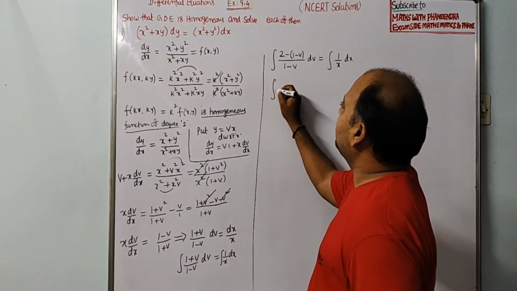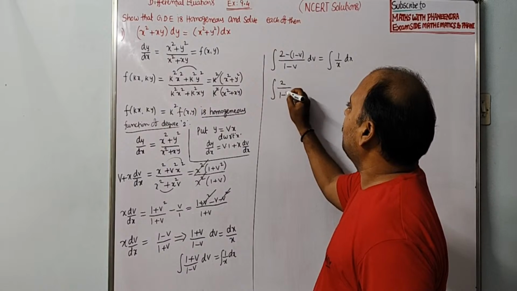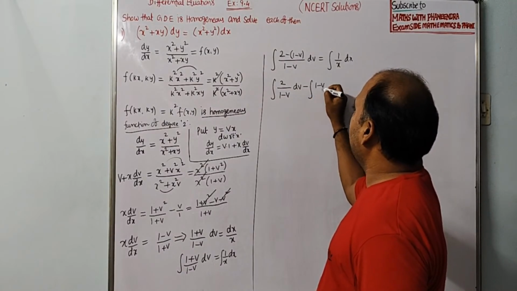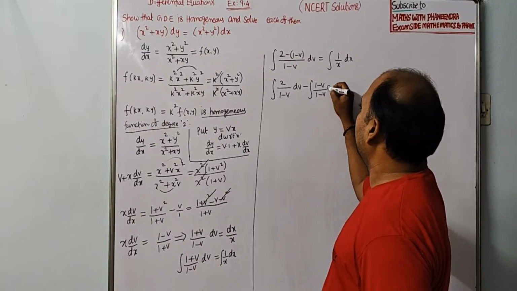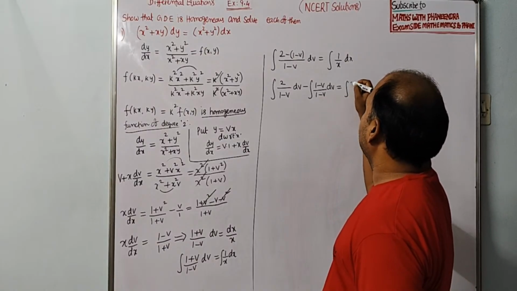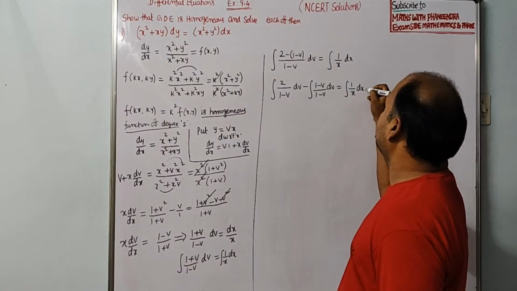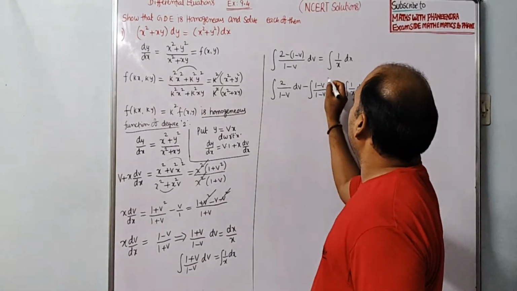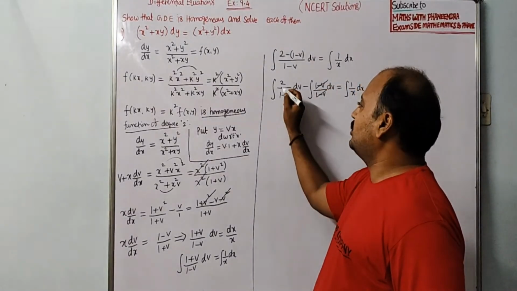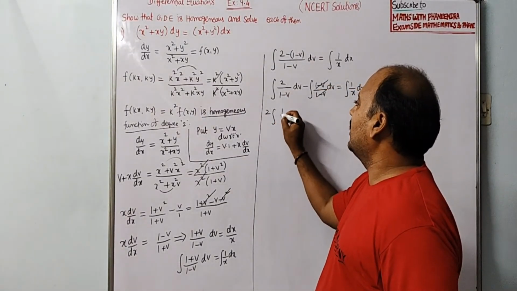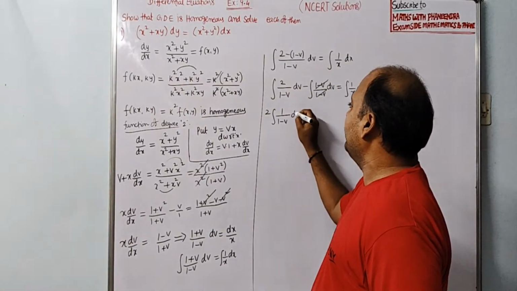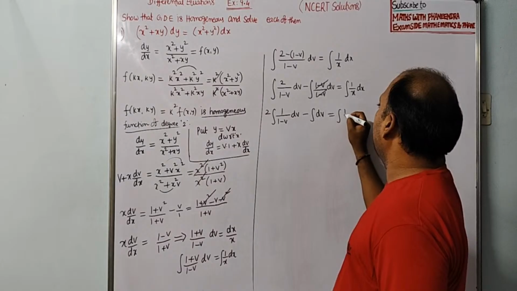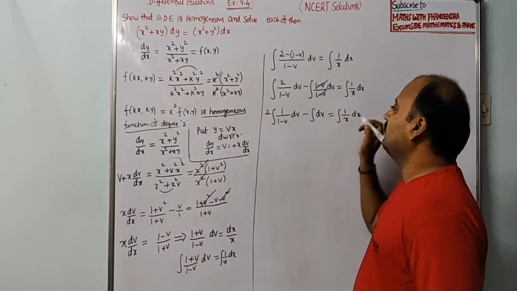Now separating that, integral 2 divided by (1 minus v) into dv minus integral (1 minus v) by (1 minus v) into dv equal to integral 1 by x into dx. Later 1 minus v gets cancelled. The constant 2 we bring outside: integral 1 by (1 minus v) into dv minus integral dv equal to integral 1 by x into dx.